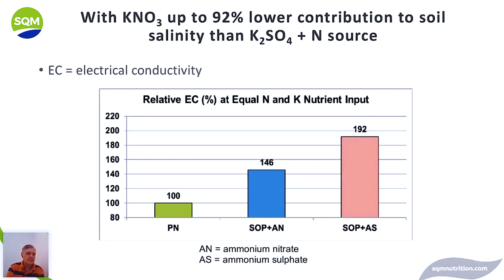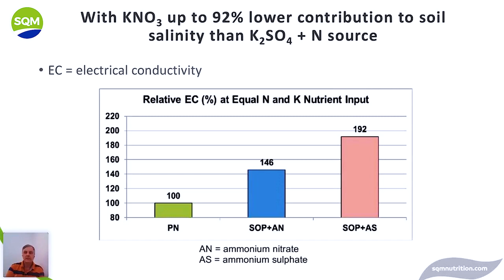If you do a blend between sulfate of potash and ammonium nitrate, for example, to supply 13 units of nitrogen and 46 of potassium, the amount of nutrients that we apply will be the same, but the increase in EC will be 46% higher.